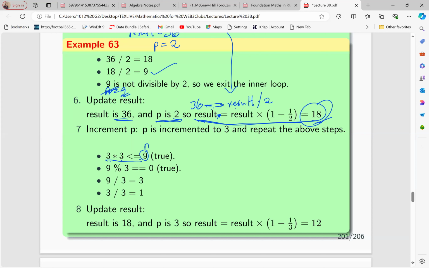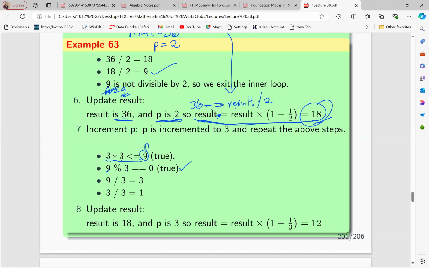So if it's true, proceed inside, go inside. And inside, check whether N divided by P gives you 0. If N divided by P gives you 0, go inside and divide. And divide until this condition is not met.